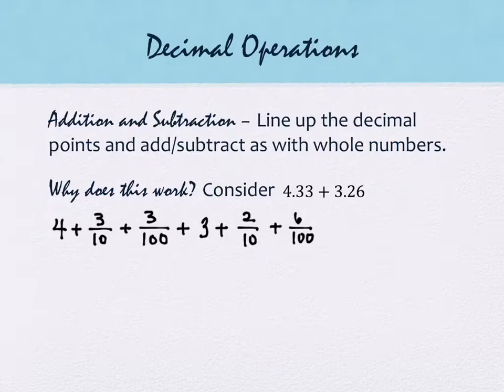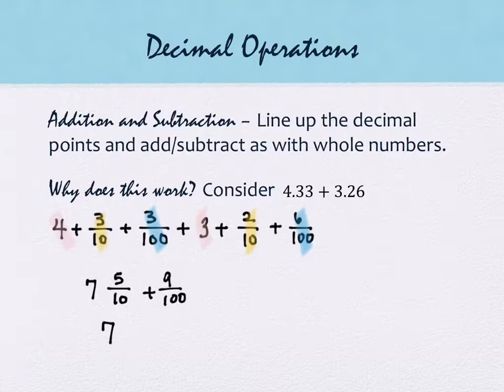And then if you're looking for the pieces that are common or that are alike, the 4 and the 3 would be the 7. The 2 that are over 10 could be added because they have common denominators, so this would be 5/10. And then the 2 that are over 100 would be able to be added. 3/100 and 6/100 makes 9/100.